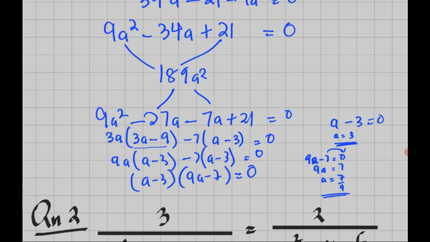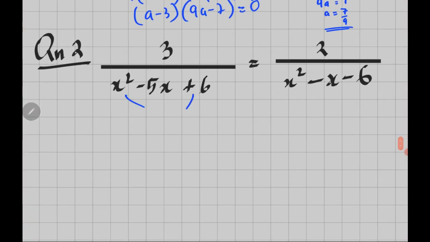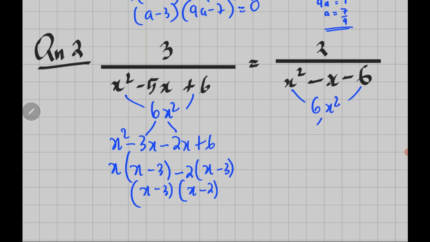So let's now move on to the other question. First you have to factorize this. So what do we get? We factorize this. x squared times 6 is 6x squared. Two numbers which when we multiply, we get this, and when we add, we get this.